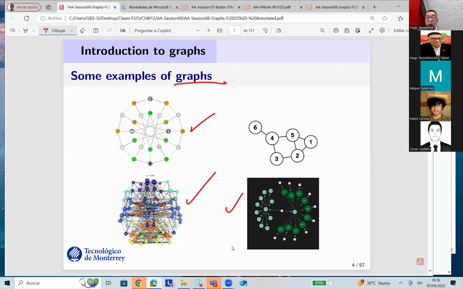Sometimes I have simple graphs like this one, but sometimes I have complex graphs with complex connections, representing somehow with colors in the nodes, groups, or a clustering of elements, et cetera. So there are many applications of graphs, and that's the reason it's important in computer science to understand the concept and how we can use graphs for many different applications, right? So far, so good.